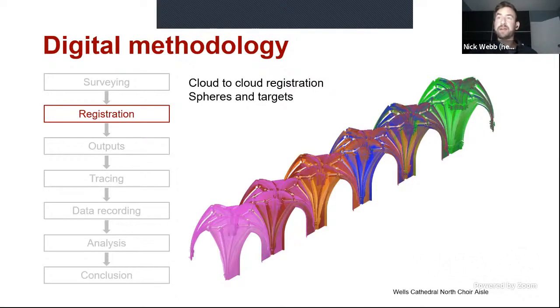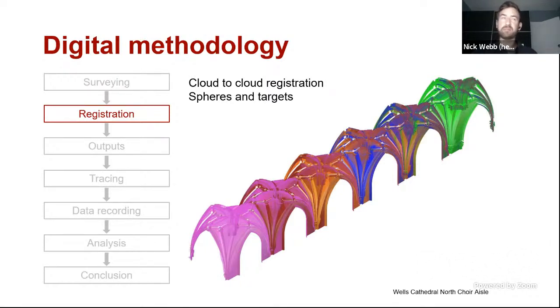It can automatically align all of the different scans. We can sometimes help it by showing it particular pieces of geometry within the scan, or in the olden days, we'd use targets. But as I said, a lot of that isn't required these days. What's really important here is the fact that we're doing 1 scan per bay on average means that we get an overlap between those scans, so we ensure really good coverage.